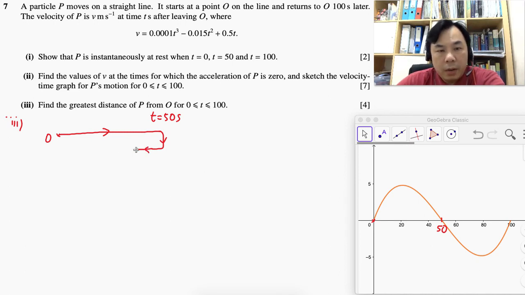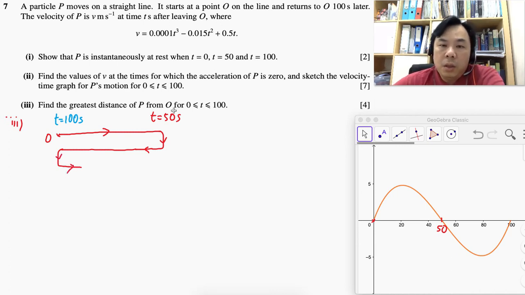Okay, and then after that it should move somewhere here, I assume, and then reach another position like 100 seconds later. So at t equal to 100 seconds, it would start to change direction again.